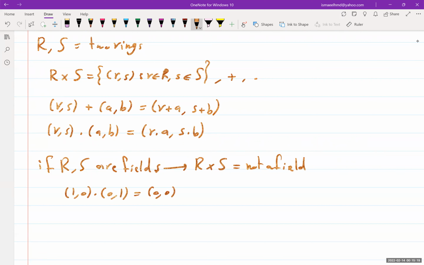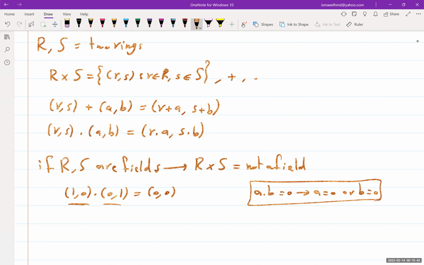But neither of these two elements is 0, because in a field, if a·b equals 0, then either a is 0 or b is 0. This is a condition in fields. But here we have two non-zero elements whose product is 0. So the direct product of any two rings cannot be a field.